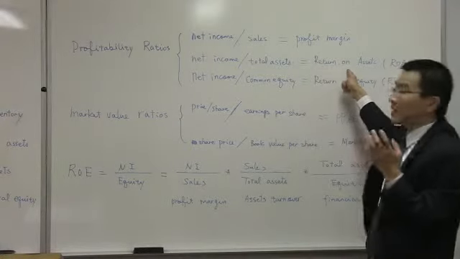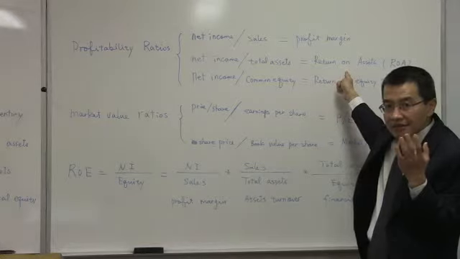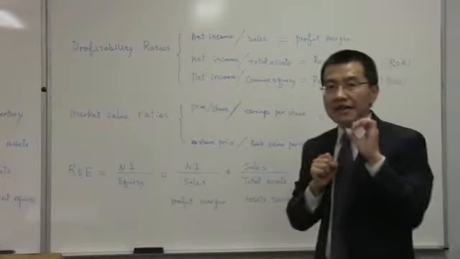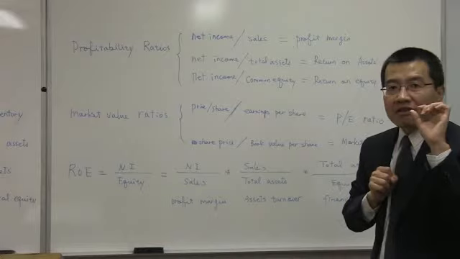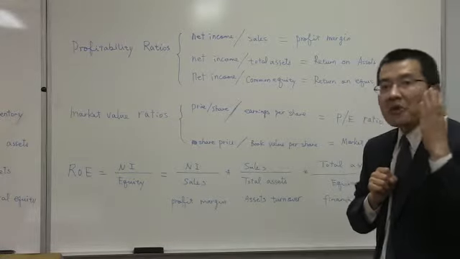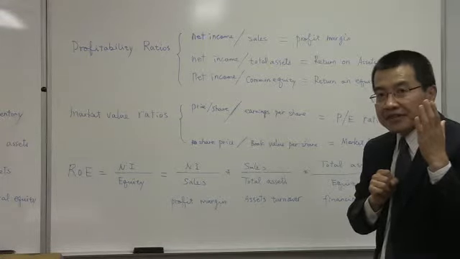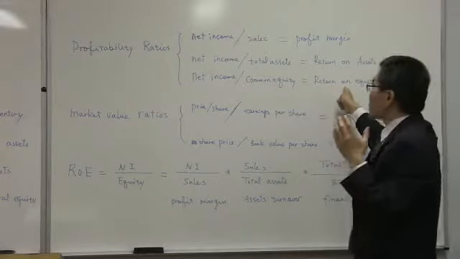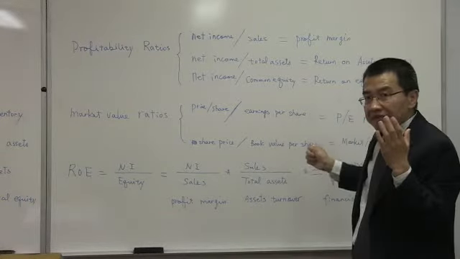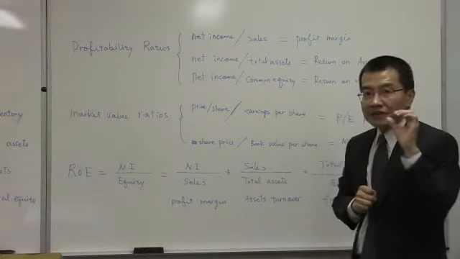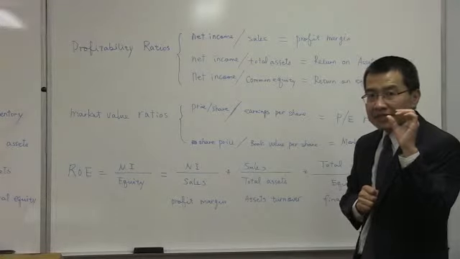The second one is the return on assets. Return on assets tells you, for every dollar of the company's assets, what profit it is generating. We also have the return on equity. Equity indicates the shareholders' investment in the company.